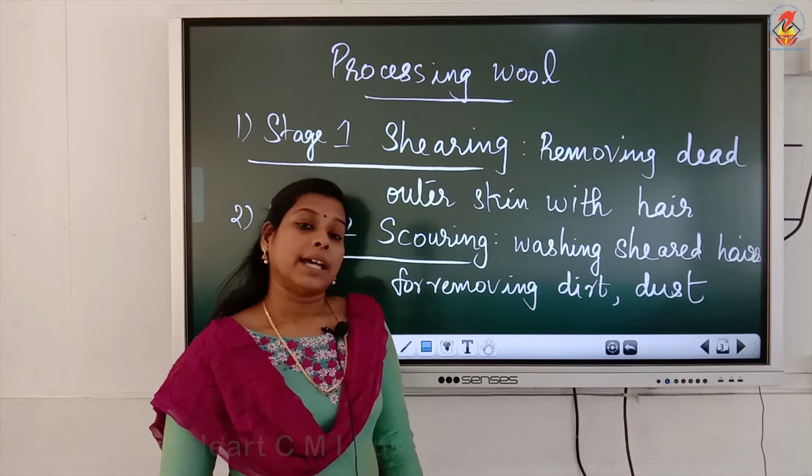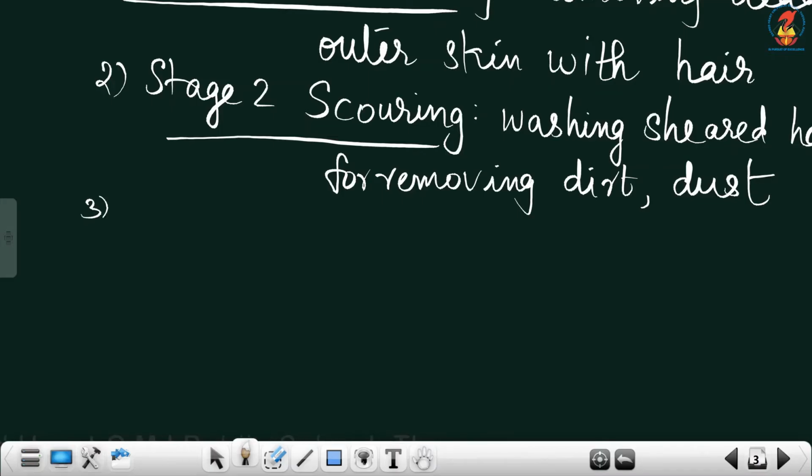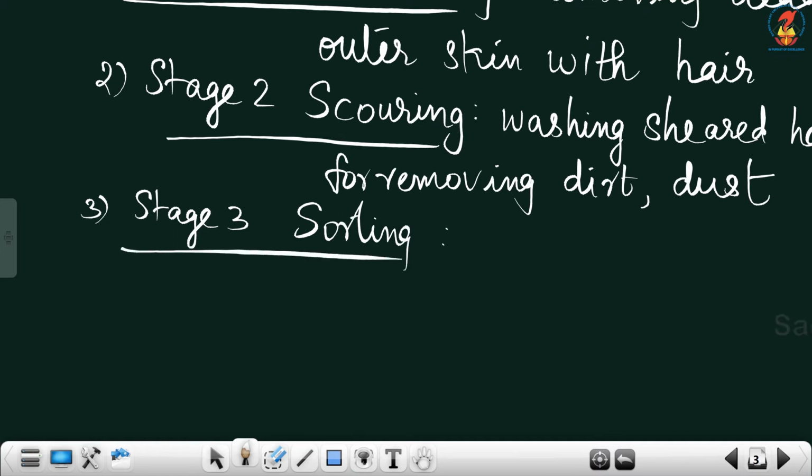Okay. Now we can move to the third stage, stage 3, that is sorting. See, after washing the hairs, the sheared hairs are taken for washing and scouring.